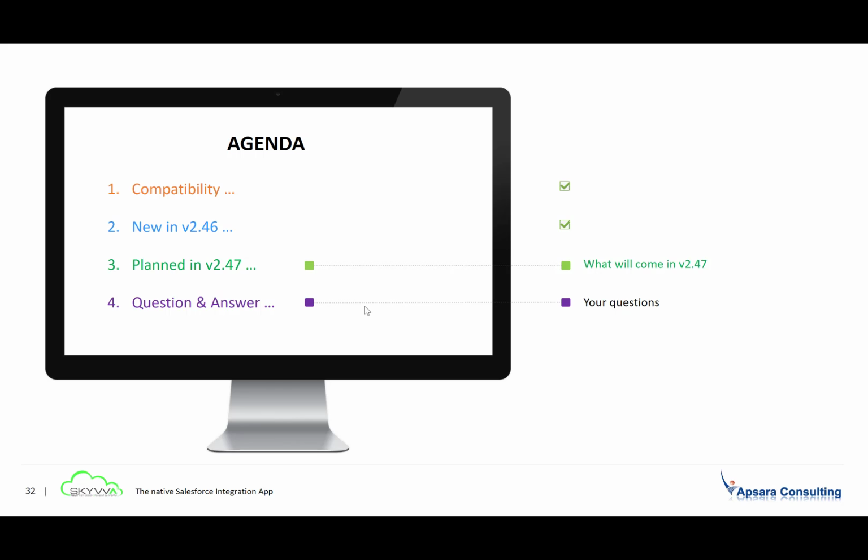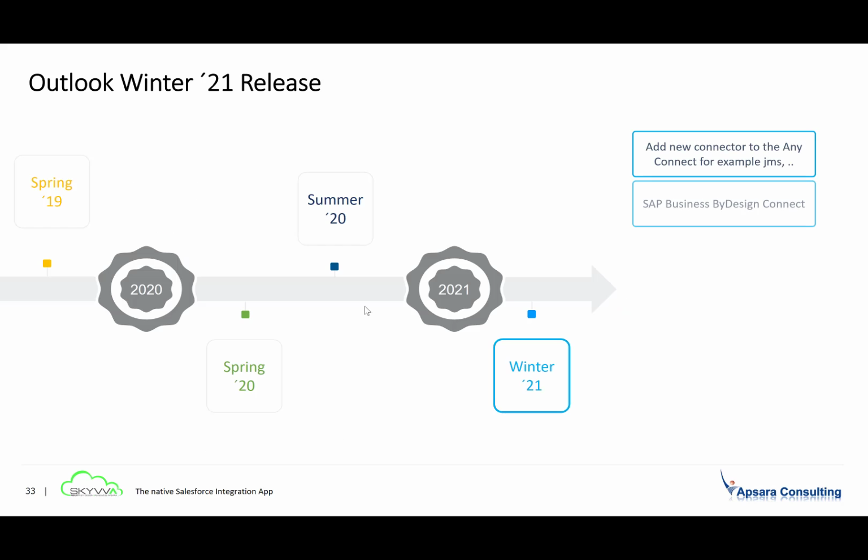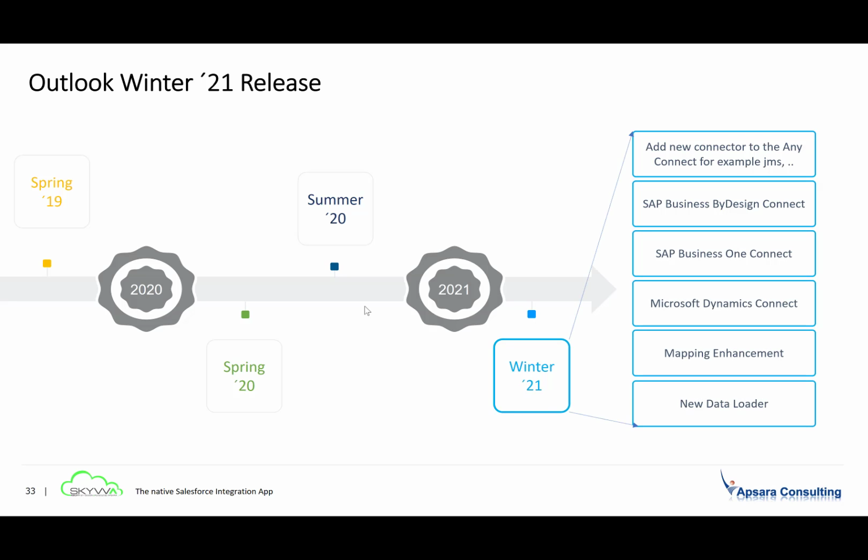Okay, that was the new function and the enhancement in our summer release 20, in version 2.46. Let's have a look at what we plan for the next version, the winter release 2021. Here, as you can see, we will add a small connector to our Any Connect, like JMS and ActiveMQ.